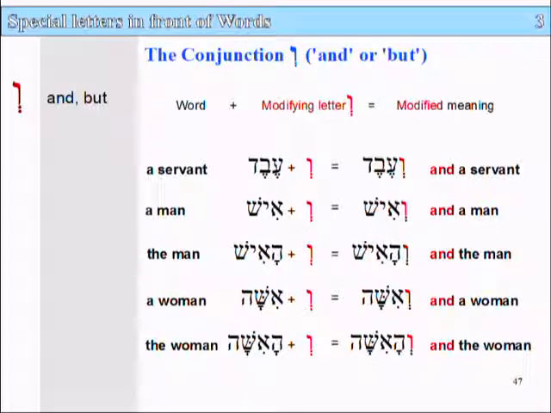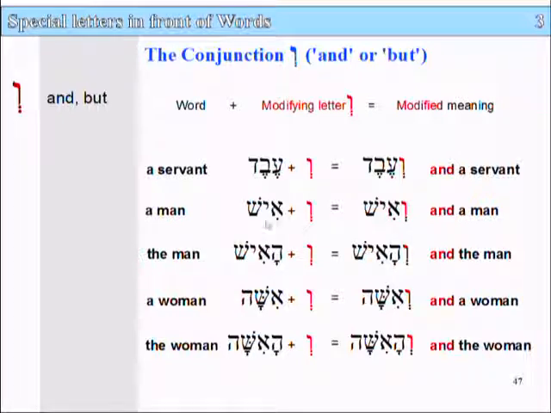So we can see the Vav, when added to a word, means and. And if the word already had a Hey in front of it, the Vav plus the Hey means and the, whatever the word is.